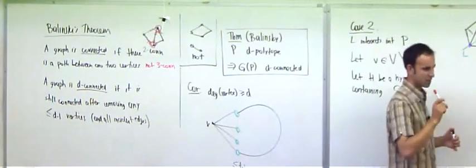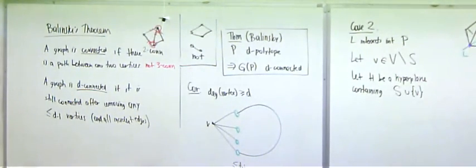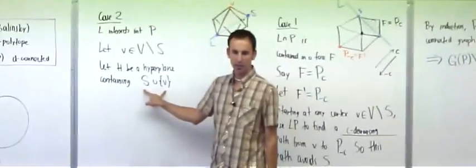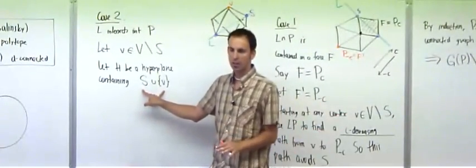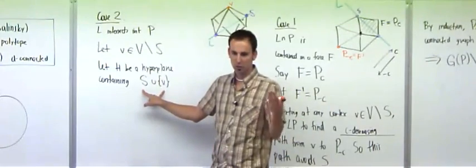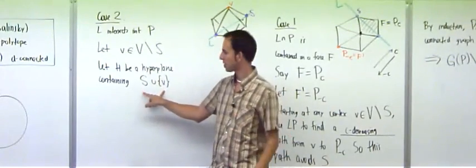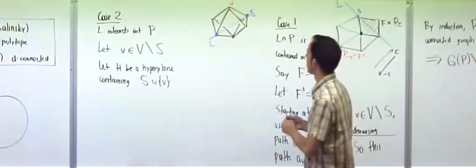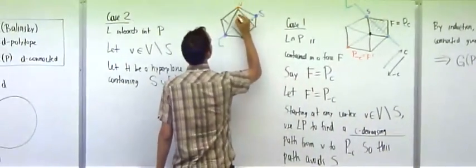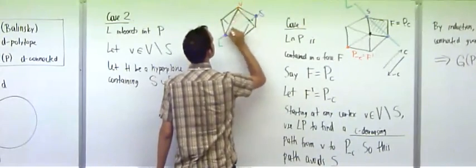Sorry, hyperplanes are d minus 1 dimensional, and you need d points to determine a hyperplane. So if these d points are in general position, then they're going to determine a unique hyperplane. And if they're not in general position, then they're going to determine some smaller subspace, and I just consider any hyperplane like this. So maybe this is going to be my hyperplane in this case.